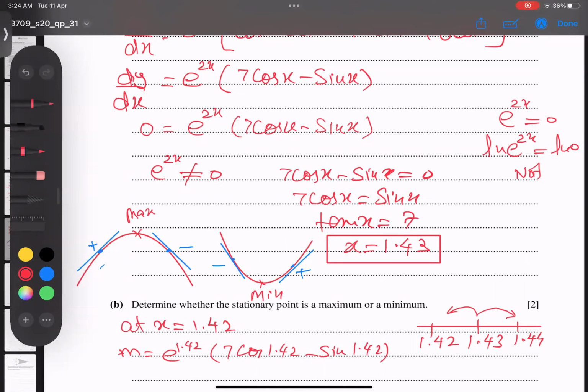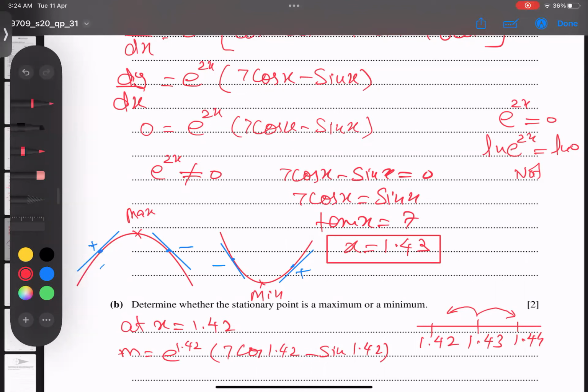I get the answer, one minute please. Some error is coming, so I think we should take some more difference, 1.41 and 1.45. Although what I plugged in was not even wrong, maybe it is very close, which is why it's giving us a zero answer.